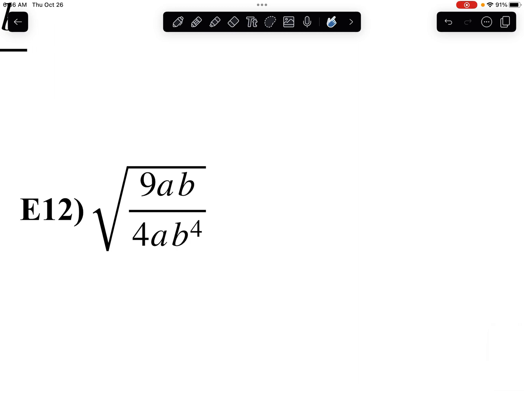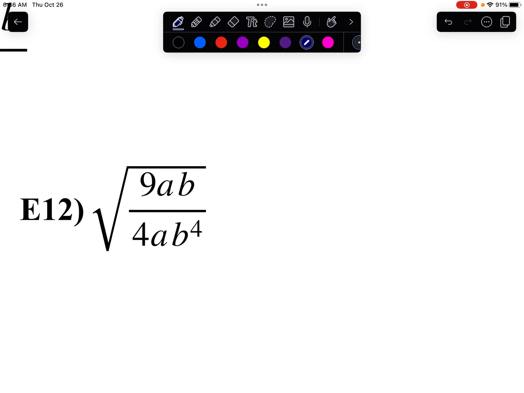Now I think I'm going to simplify this a little bit first. Notice I can find the square root of 9. That's 3. And I can find the square root of 4. That's 2. My a's reduce out, don't they? This b makes that a 3.